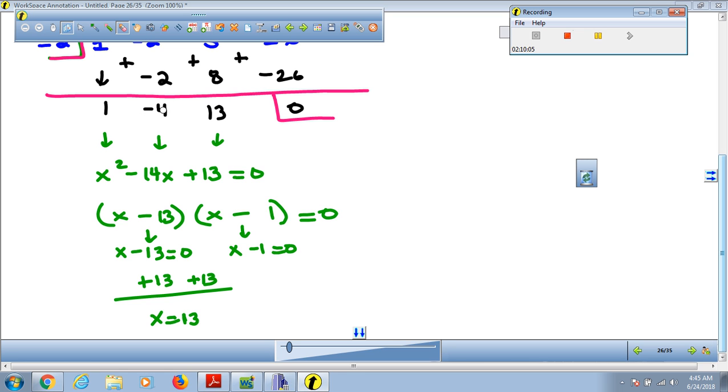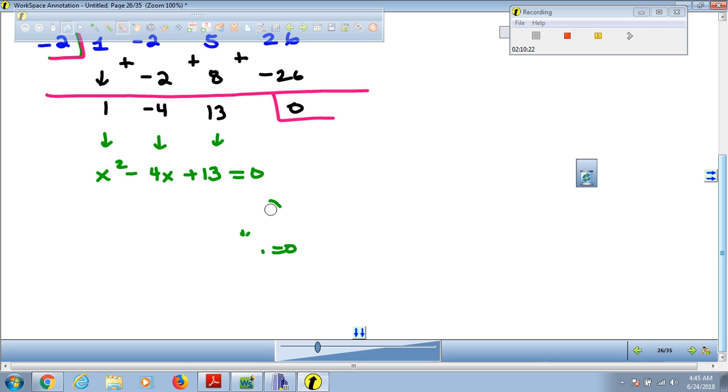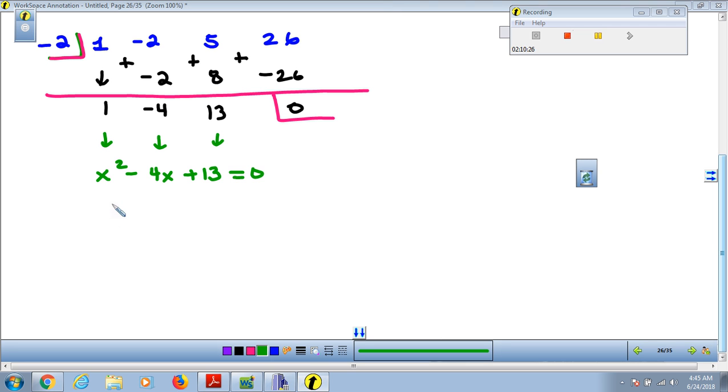I put a -14 here, I think it was my subconscious that I didn't want to work with complex numbers or something. So, sorry. But it was a -4 and not a -14. I don't know where I got the 1 from. So when I try to factor this out, it's not going to work out because there's no two numbers that multiply to give me 13 other than 1 times 13 that added equal 4.